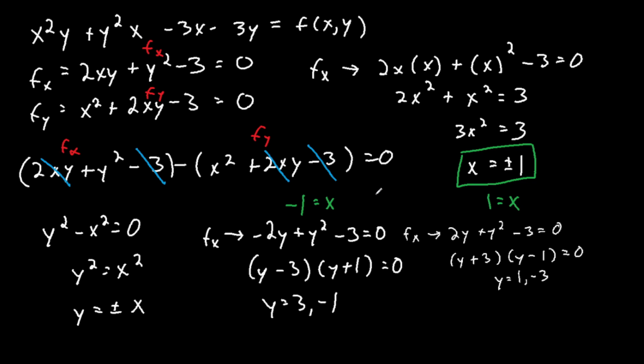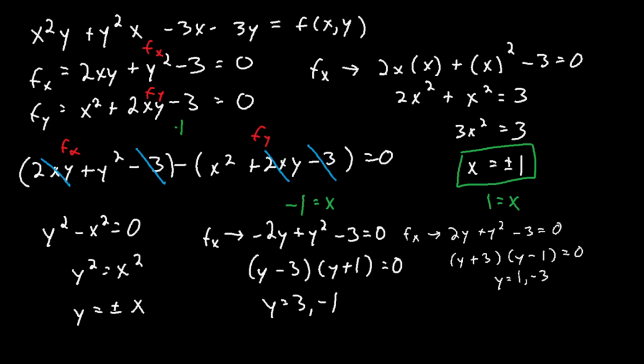If you plug back in 3 and negative 1 for this equation, so if you plug back in 3 for y, and you plug back in x is equal to negative 1 here, does this equation hold true? Let's find that out right now inside of my head. 1 plus negative 6 minus 3 does not hold true.